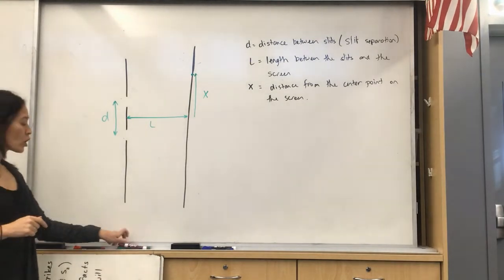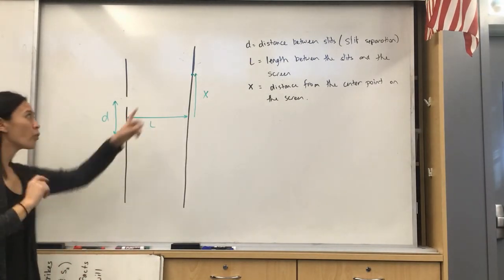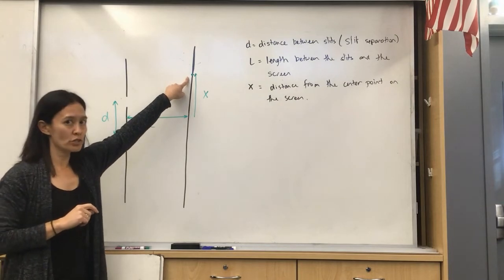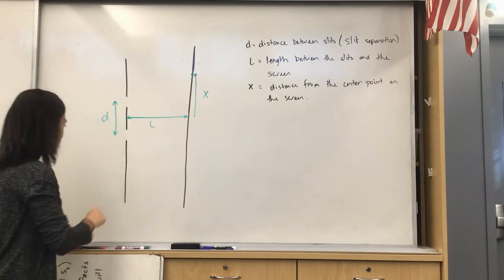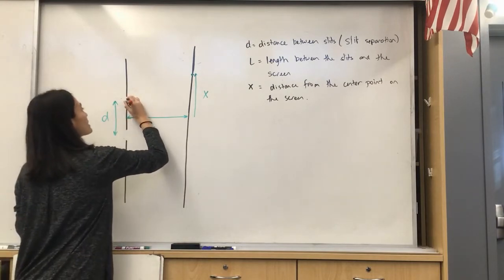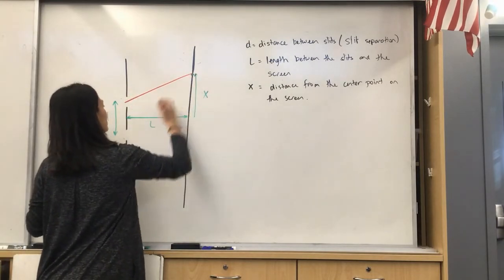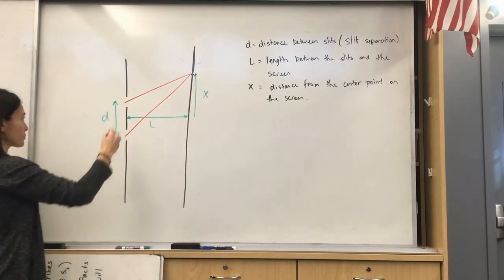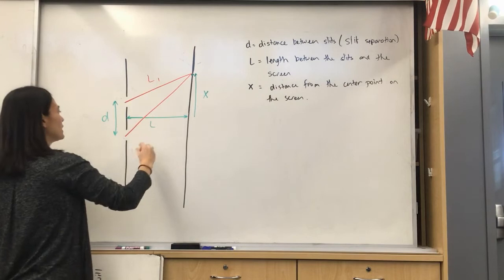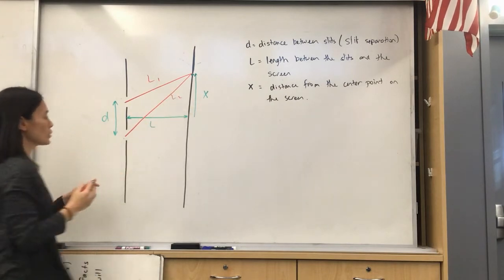Now, recall that whether I'm going to have constructive or destructive interference at this point depends on the path length difference between what comes from this slit versus this slit, okay? So this would be L1, and this would be L2.